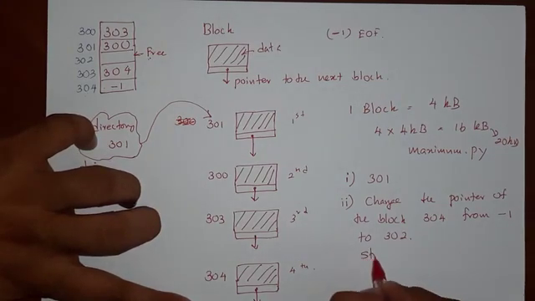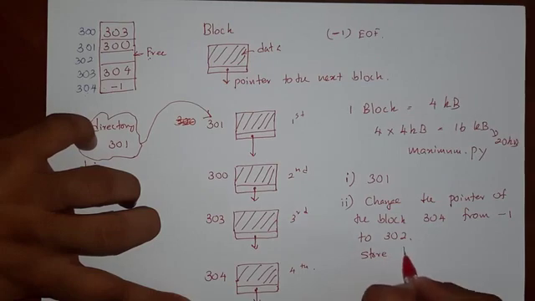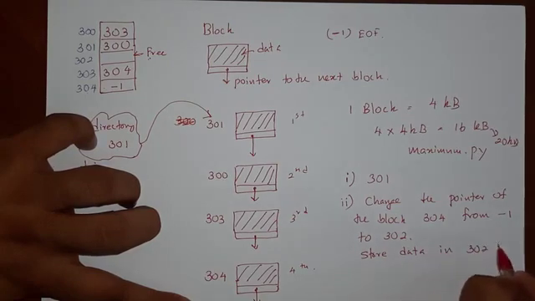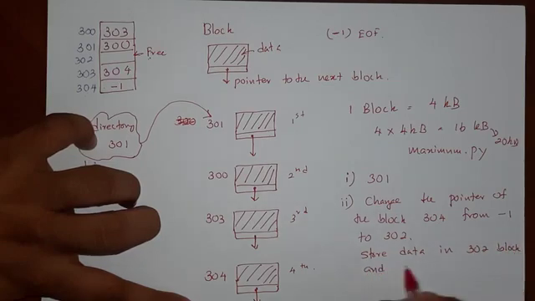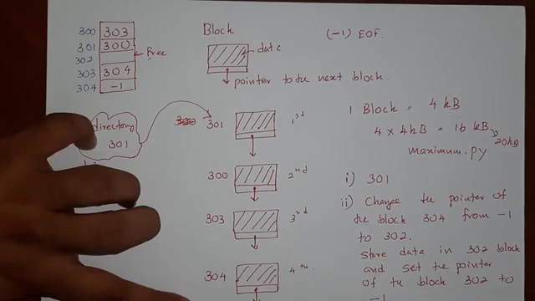Then store data in the 302 block and set the pointer of the block 302 to -1. Store the data in the 302 block.